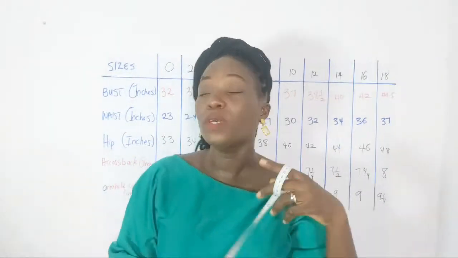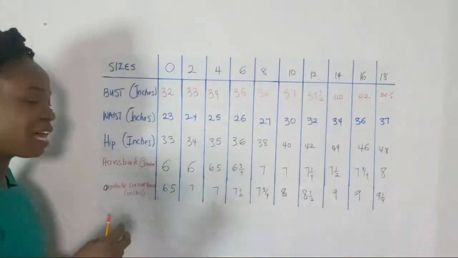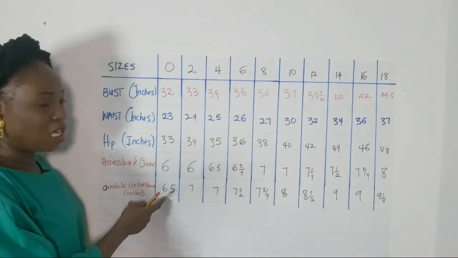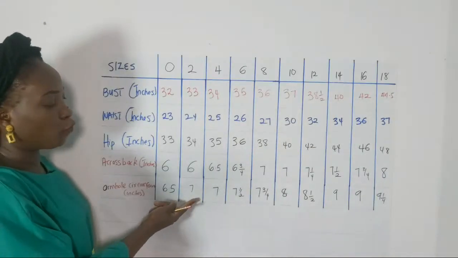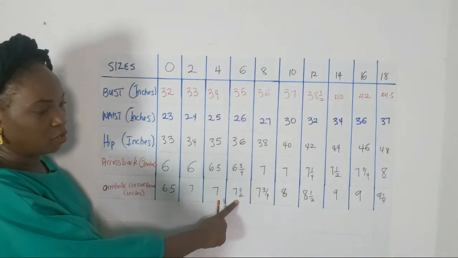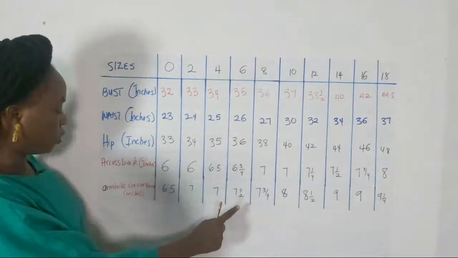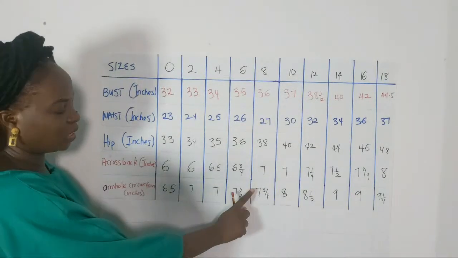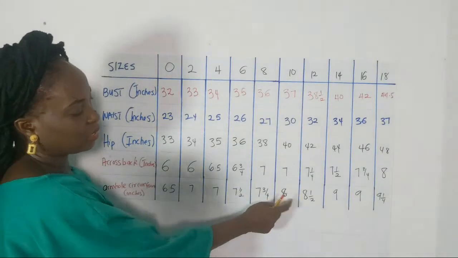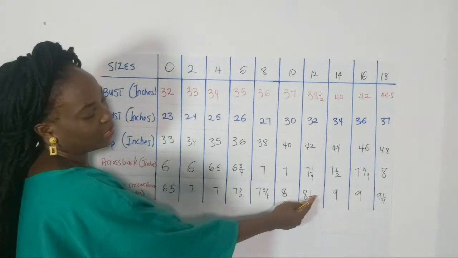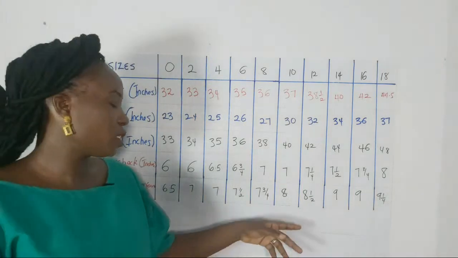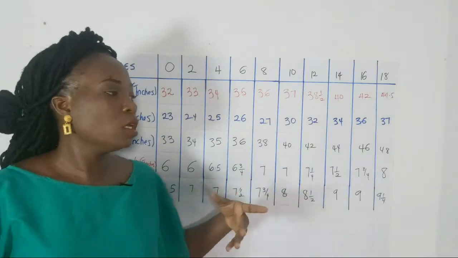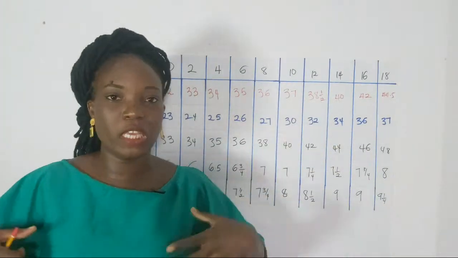Armhole circumference can range from as low as 12 or 13, to 14, to 15, to 7 3/4 inches, 8, that's 16, 8.5 is 17. Of course, anybody whose armhole circumference is tending towards 9, definitely the bust circumference is already increasing.